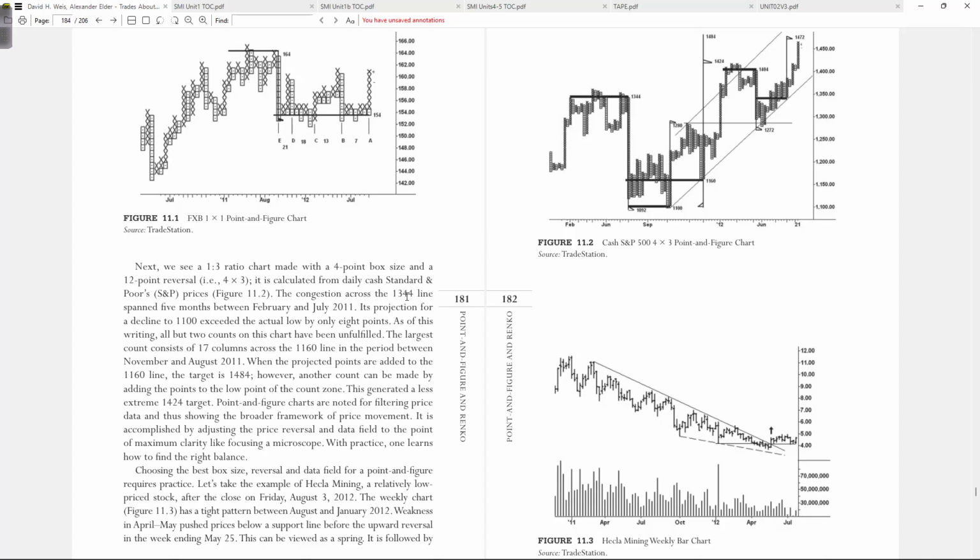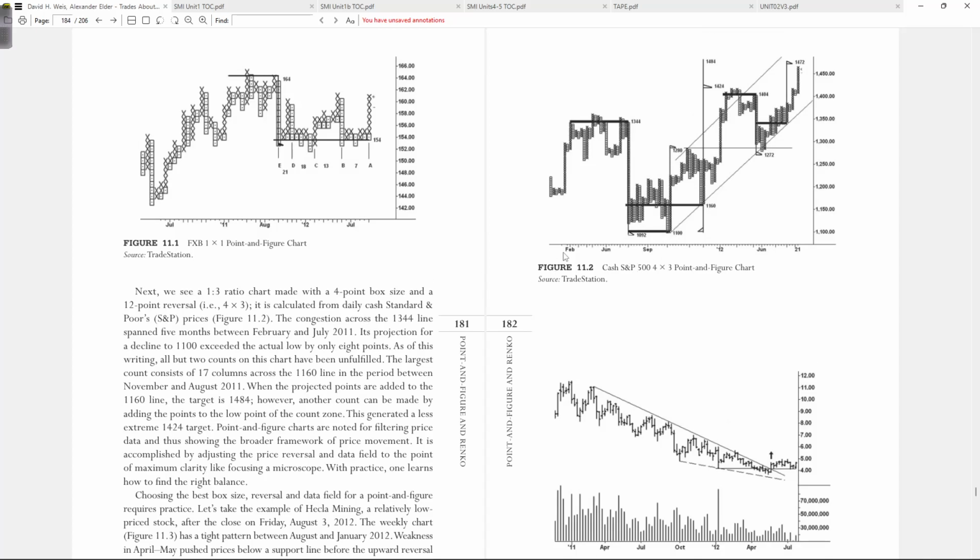The congestion across the 1344 line spanned 5 months between February and July 2011. Its projection for a decline to 1100 exceeded the actual low by only 8 points. As of this writing, all but two counts on this chart have been unfulfilled.